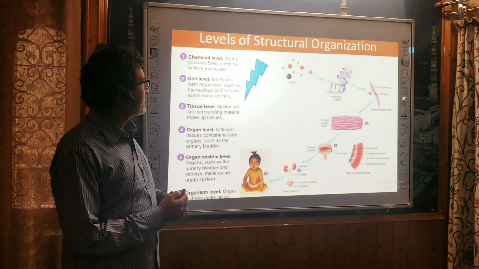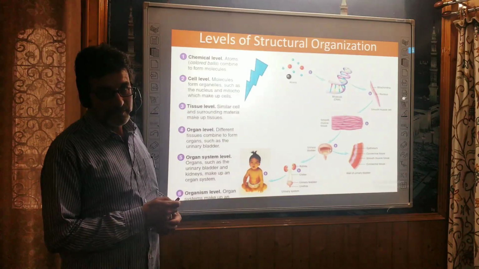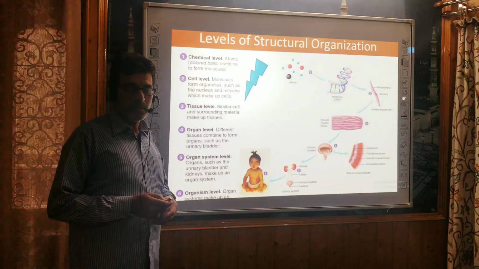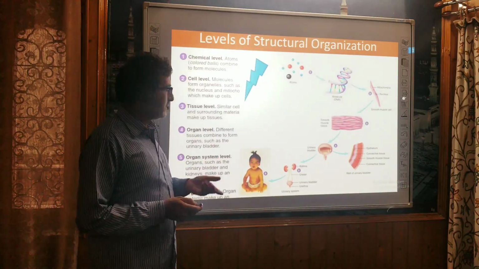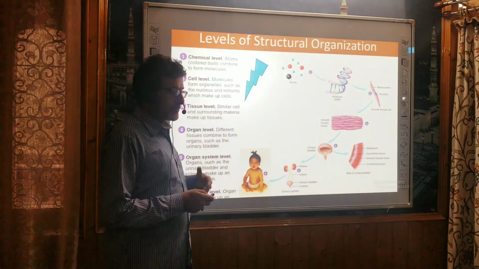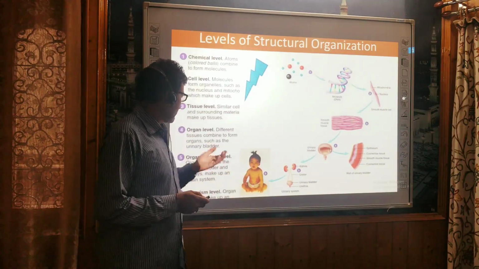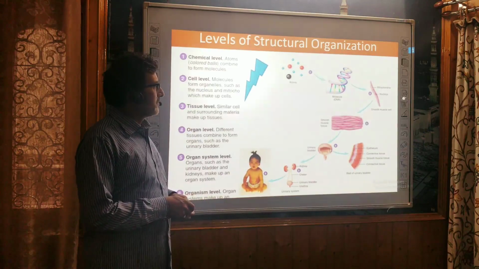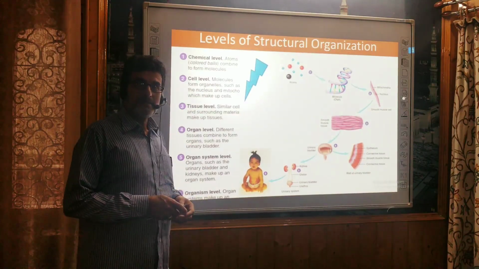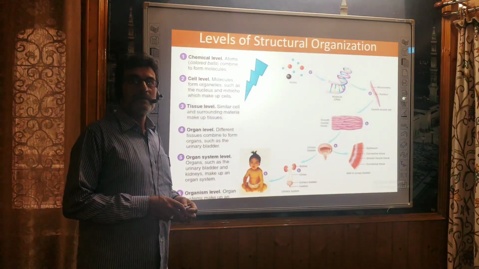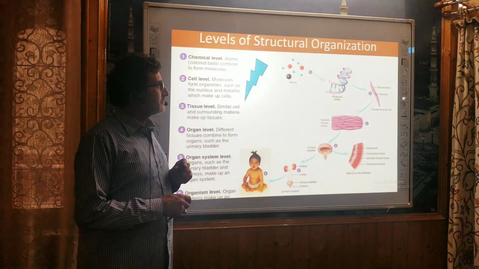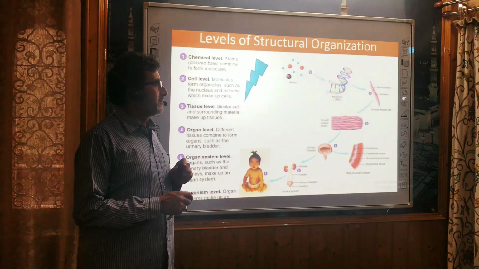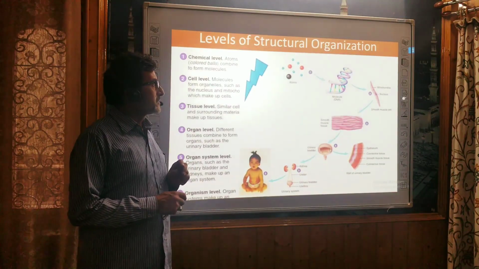Now, let us come to the levels of structural organization. As we are composed of cells, we have different levels in our body: cellular level, molecular level, chemical level, tissue level, organ system level. Then we can say organism. For example, first of all, we know in matter, the atom is the smallest particle of an element. When atoms combine, a molecule is formed. So we are also composed of small atoms.